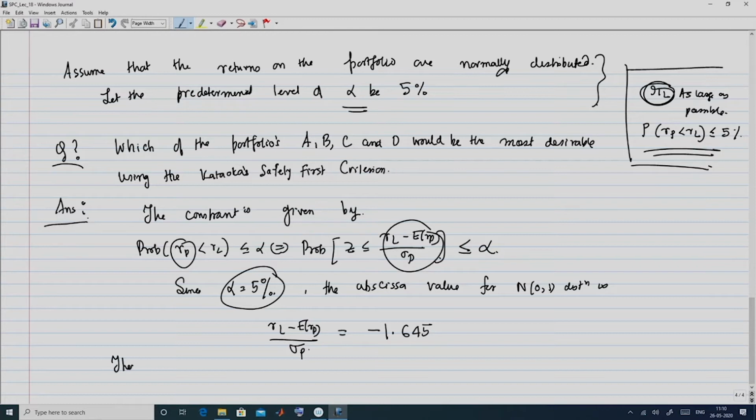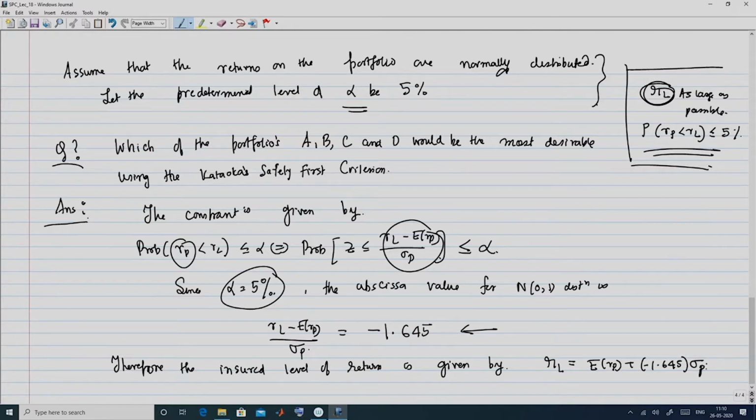So, therefore, from this relation we can get the insured level of return, given by RL is equal to ERP plus minus 1.645 into sigma p.